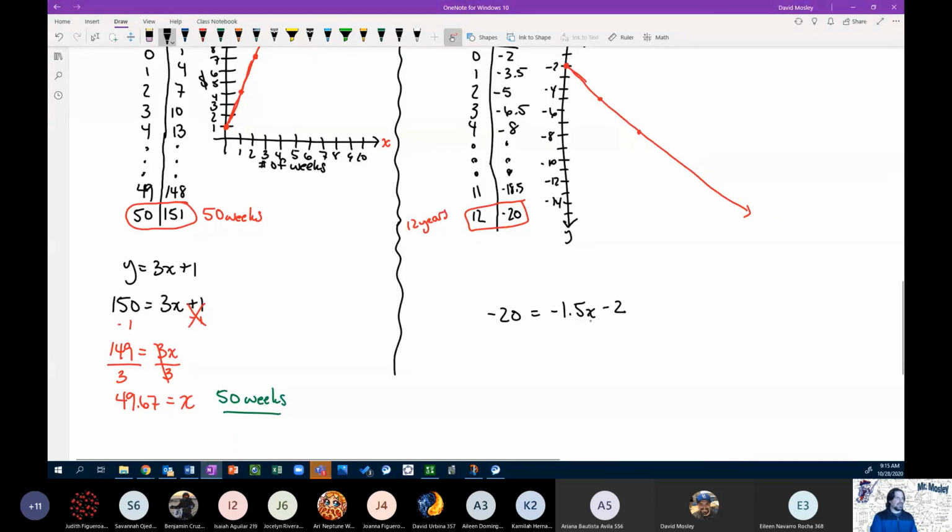And then we solve for x. And this will give us 12 equals x. So again, we get the same solution.